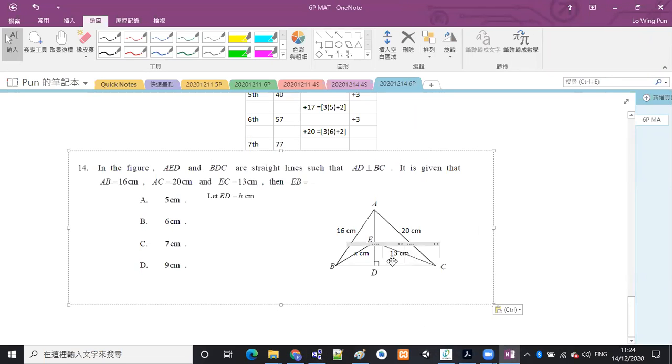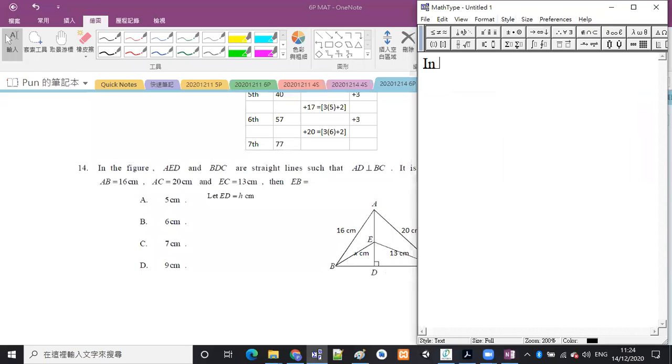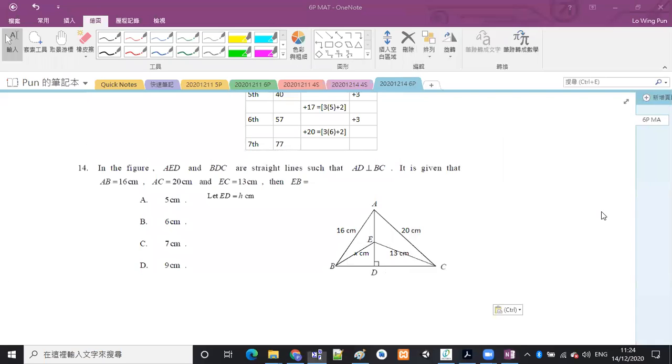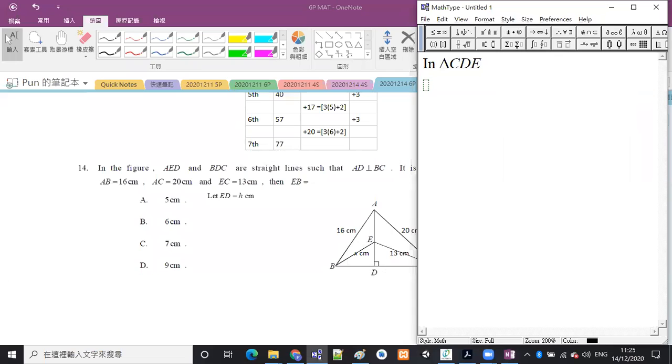Okay, ED be H cm. And then in triangle CDE. So CD square plus H square should be equal to 13 square, right? Then CD square is equal to 169 minus H square by Pythagoras theorem.